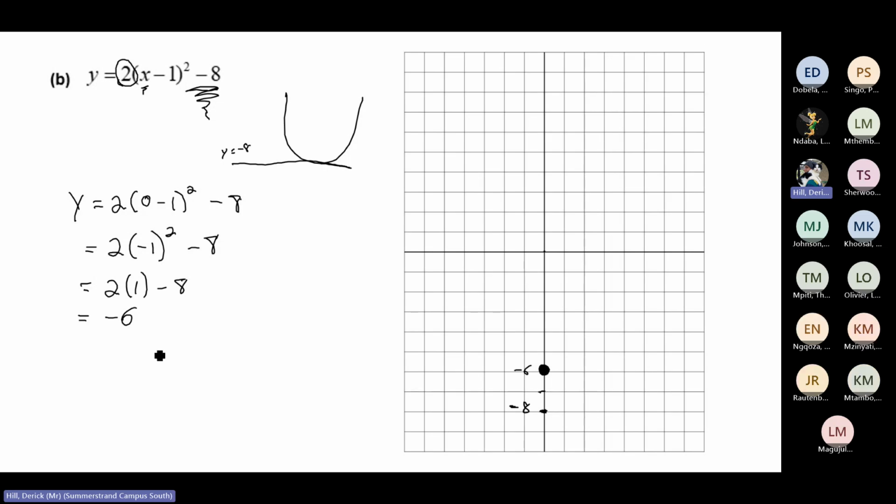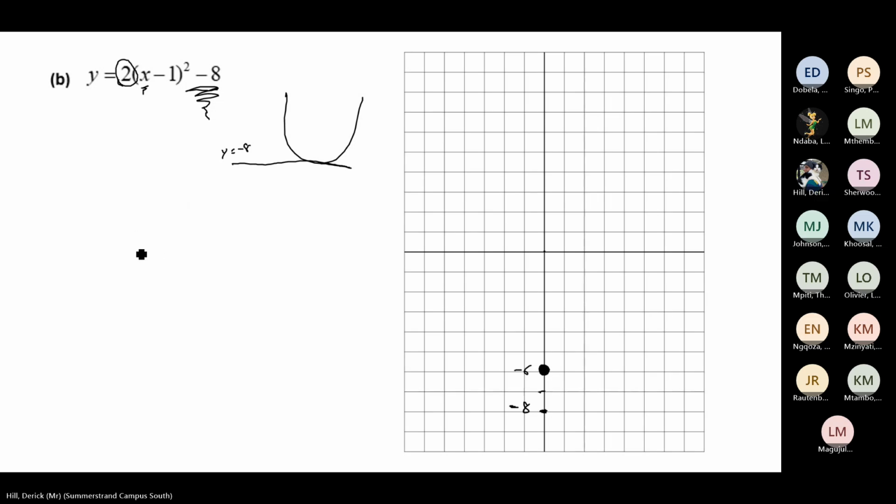Now let us find the x-intercepts. So that would mean we are going to make y equal to 0. I'm just going to make some space for us over here. And that is going to be 0 is equal to 2 times x minus 1 squared minus 8.